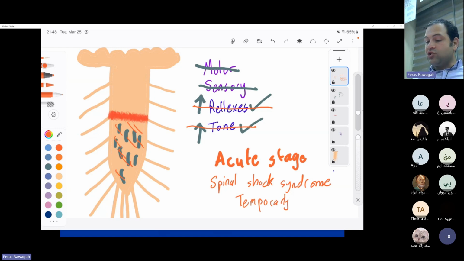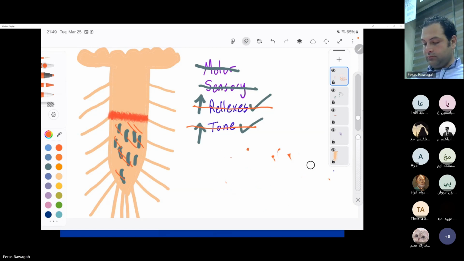After this acute stage ends, after the spinal shock syndrome finishes, what will happen? After spinal shock syndrome goes away, reflexes will come back and there will be hyperreflexia, tone will come back, but motor and sensory will still be lost because the connection is interrupted. So this is called spinal shock syndrome. Okay?